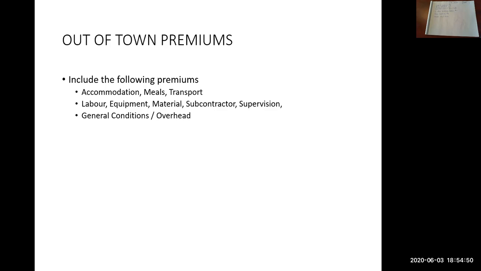That varies from company to company, depending on the hours per week that you're working. Could be every 2 weeks, maybe every 3 weeks, something like that. Other premiums include premiums for labor, equipment, materials, subs, and supervision. We'll get into those in this PowerPoint, as well as premiums for general conditions and overhead.